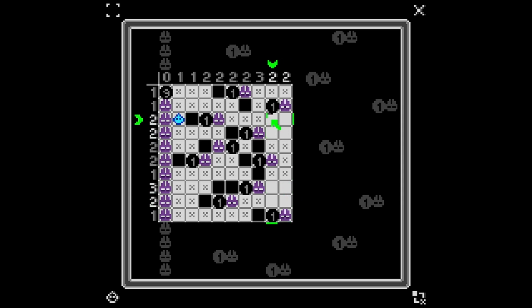And we must have a wall between this bunny and this bomb and this bunny and this bomb. So one wall here, one wall here. That means there has to be one wall here and one wall here. Now to find the orientation.